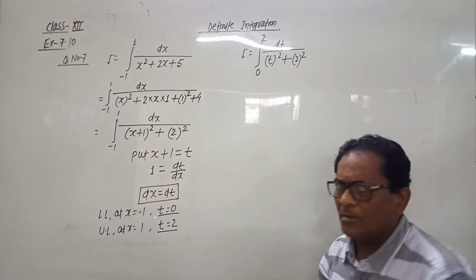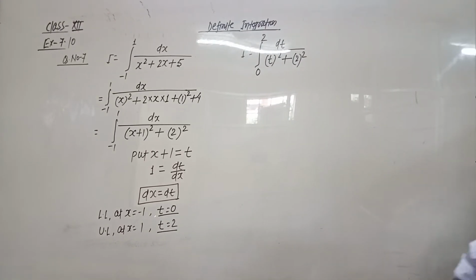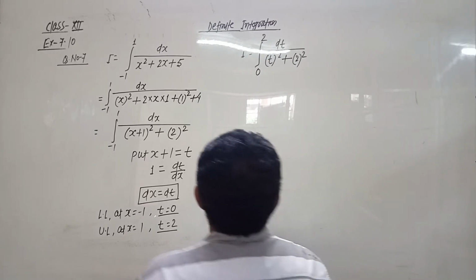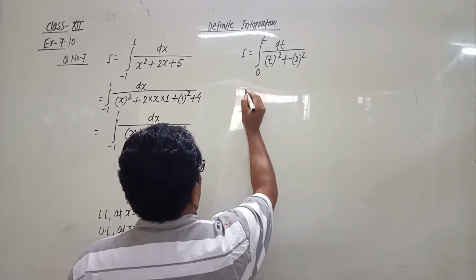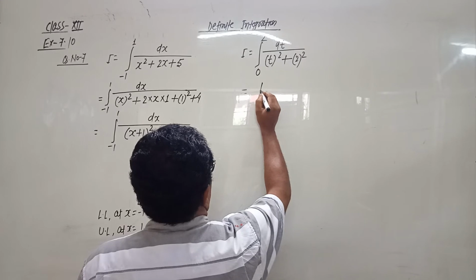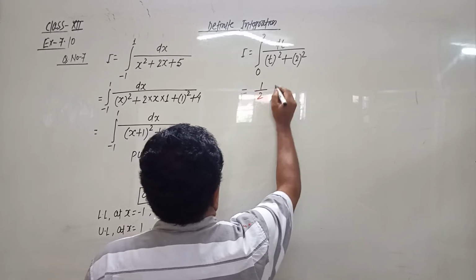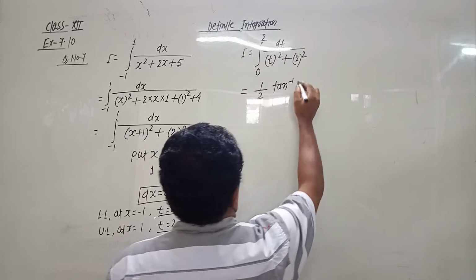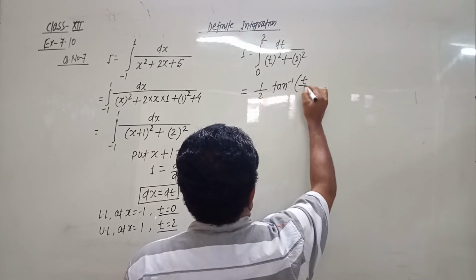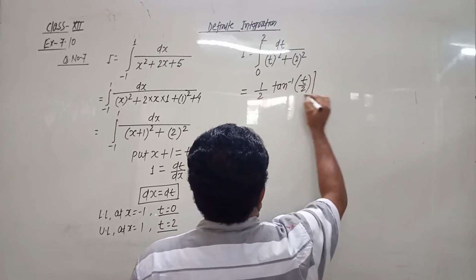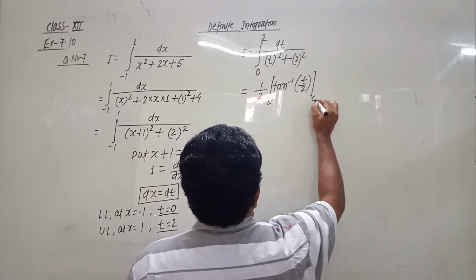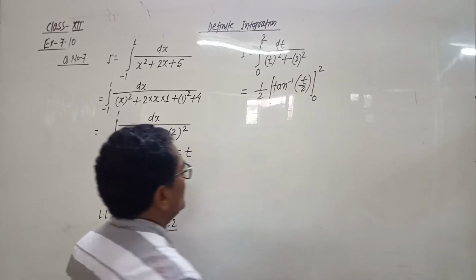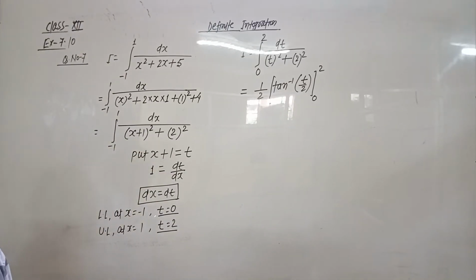Now use the formula integration dx upon x square plus a square. Its integral is 1 by a tan inverse x by a, meaning t by 2, with limit from 0 to 2.